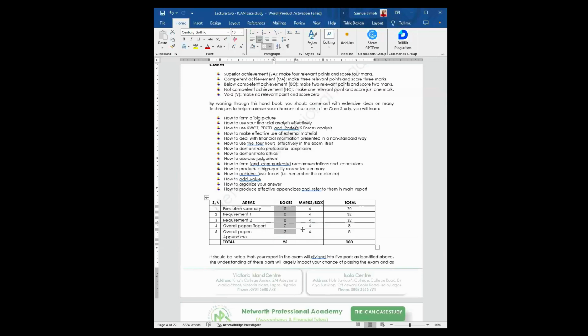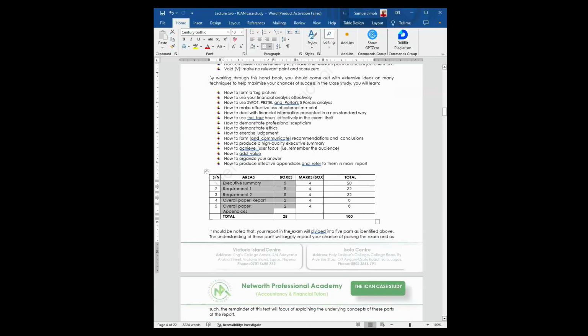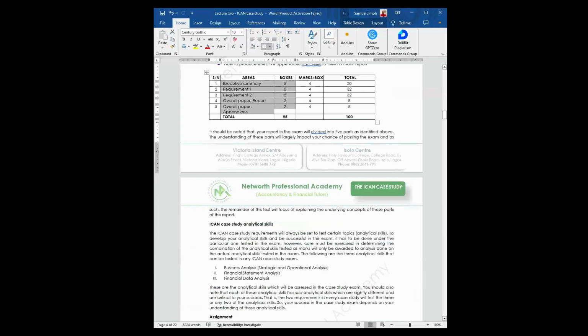So we will just focus on these skill sets and the relevant sub skills. If you can understand this, you have a very high chance to pass the exam.